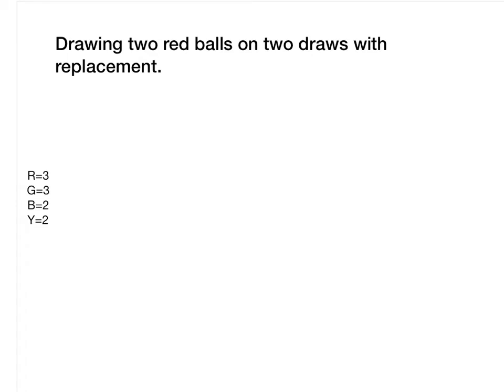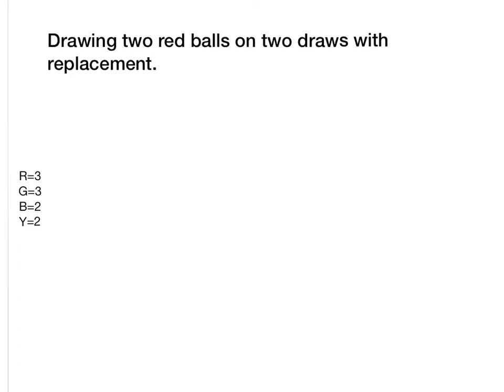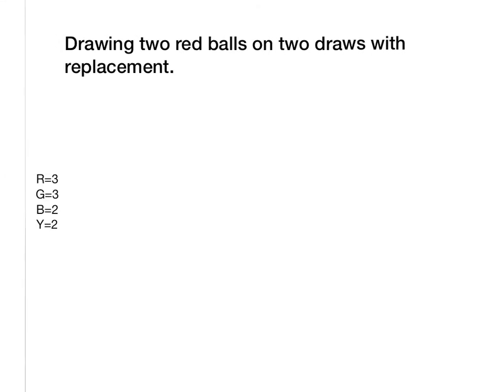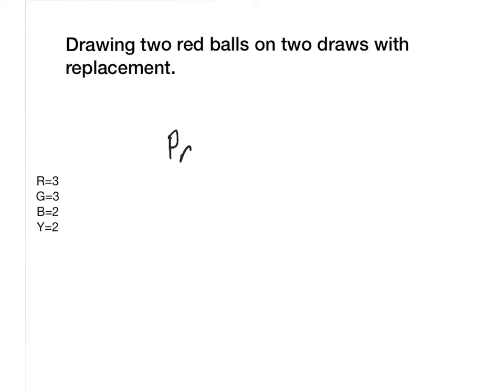Well, that's the probability of getting a red ball on the first draw and a red ball on the second draw, and that equals what? Well, first question we ask, are they dependent or independent? And in this case, it's with replacement, so they are independent.